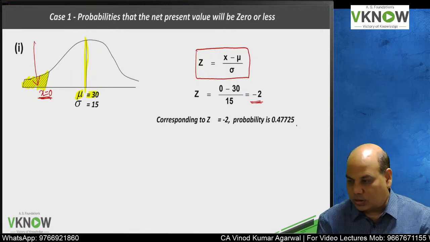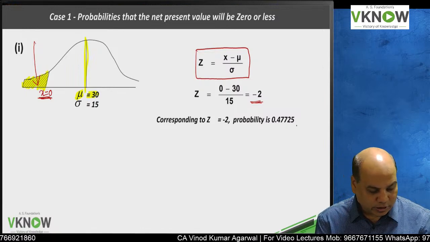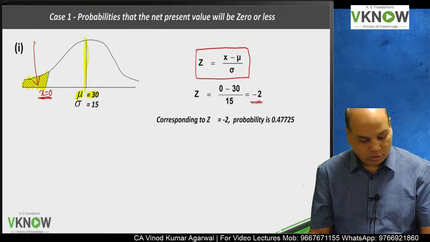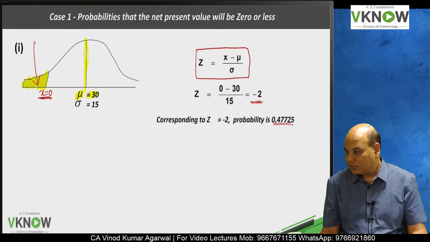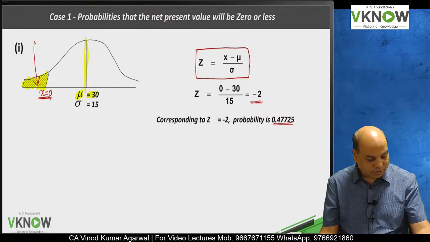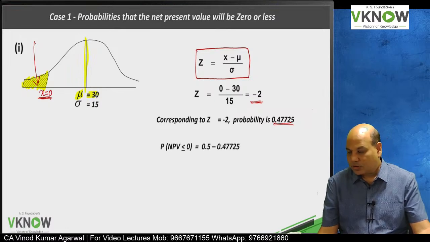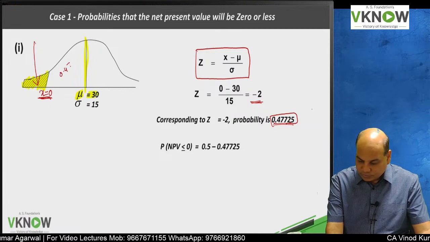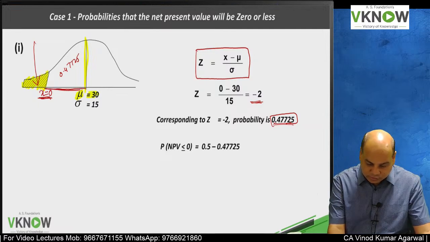So write down: corresponding to z equal to minus 2, you will find in the normal distribution table 0.47725. If you are able to locate it, please confirm. It is there in our book, next to 2.0. But this 0.47725 is the probability of this area between 30 and 0.